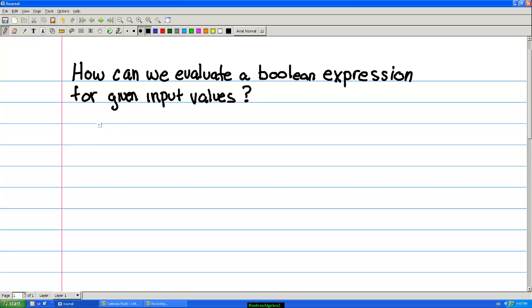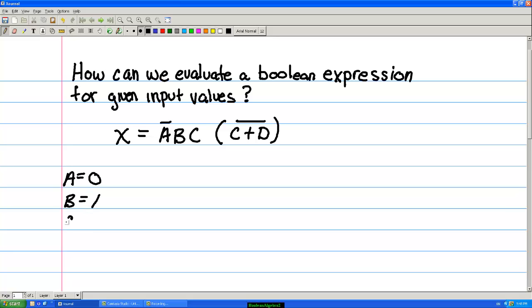So if we were given the Boolean expression x equal to A naught B C, and that was AND with C or D naught, and we were told that the value for A was 0 and B equal to 1, C equal to 1, and D equal to 0, well, let's just go ahead and plug those values in.